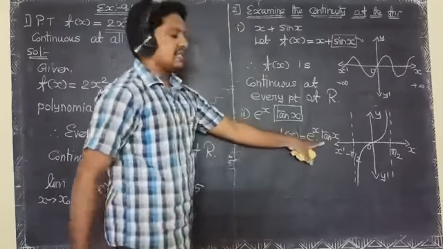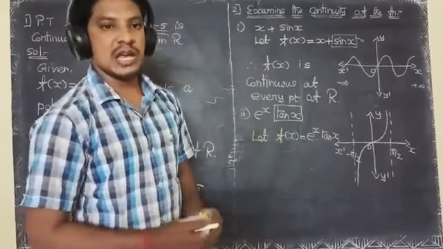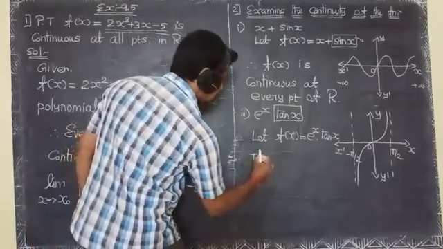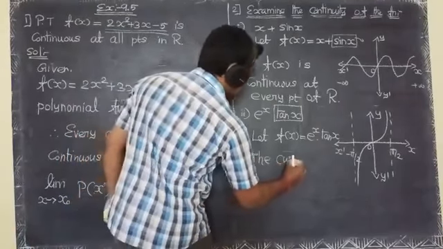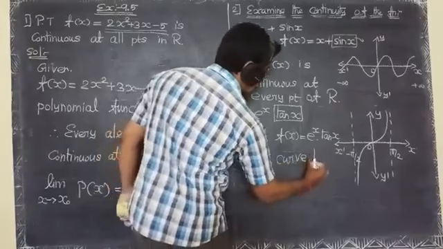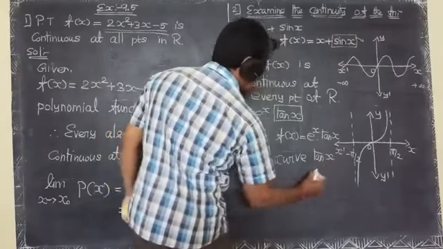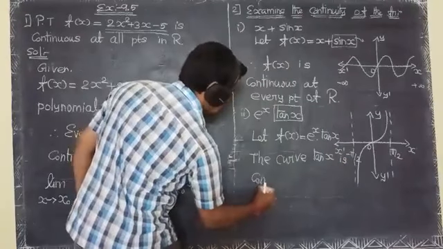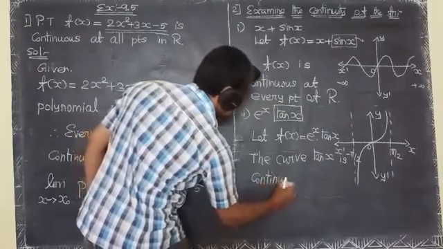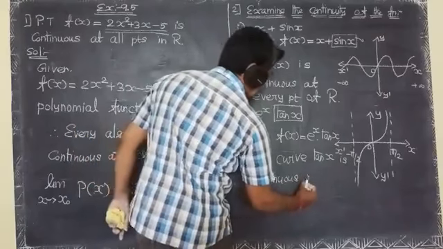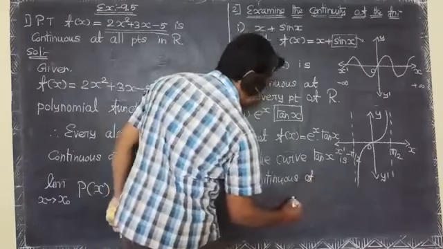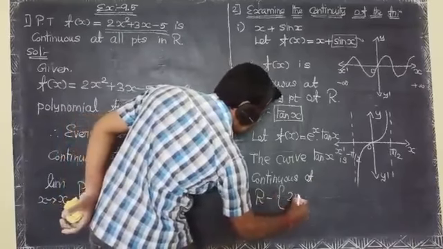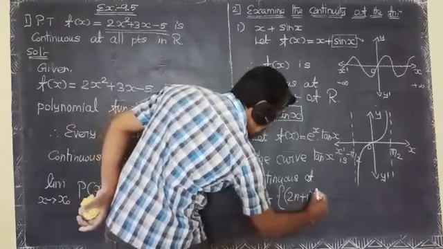The curve tan x is not continuous on the entire interval. So the curve tan x is continuous on capital R except (2n plus 1) into pi by 2.